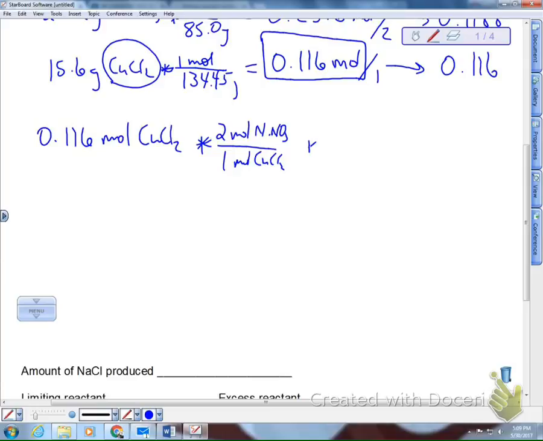And then I'm going to add just one step to it to get it into grams. We've already got the molar mass, 85 grams per 1 mole for sodium nitrate. That means that we're going to use up 19.7 grams of the sodium nitrate. Again, that's used.